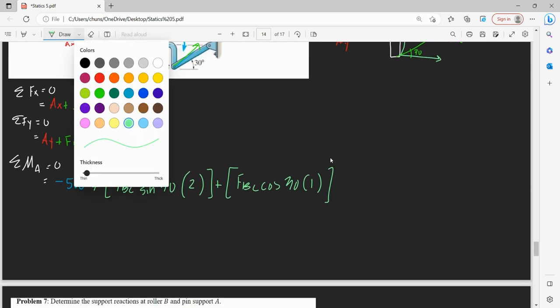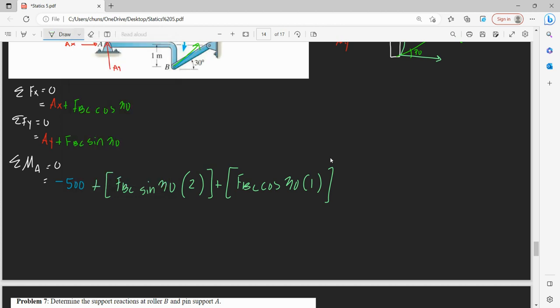Okay, so let's solve for our FBC from our moment equation because we have all of our values ready. So let's move that 500 over to the other side. Let's factor out the FBC. Then we're left with 2 sine 30 plus cos 30.